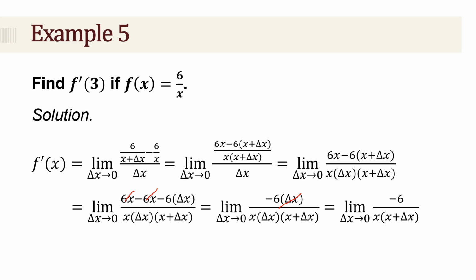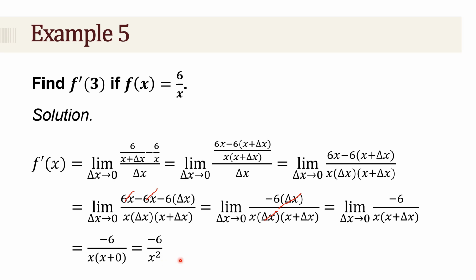At pwede rin natin i-cancel tong part na to. So we have the limit of negative 6 over x times x plus delta x as delta x approaches 0. By direct substitution, that is just equal to negative 6 over x times x plus 0, or that is negative 6 over x squared. So the derivative of f of x now is equal to negative 6 over x squared.